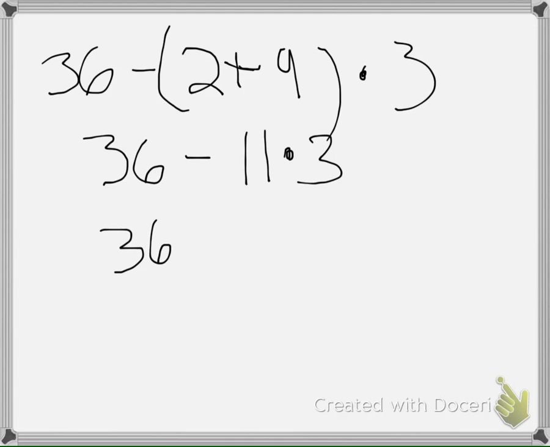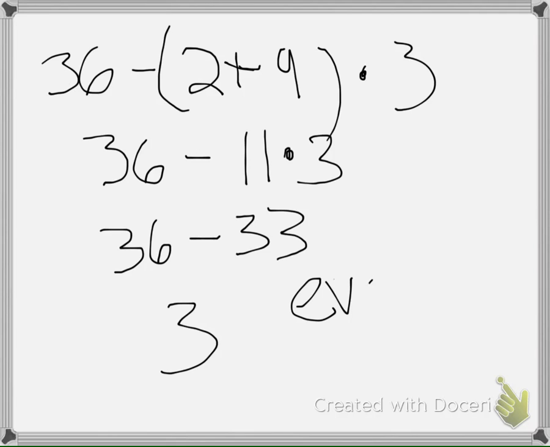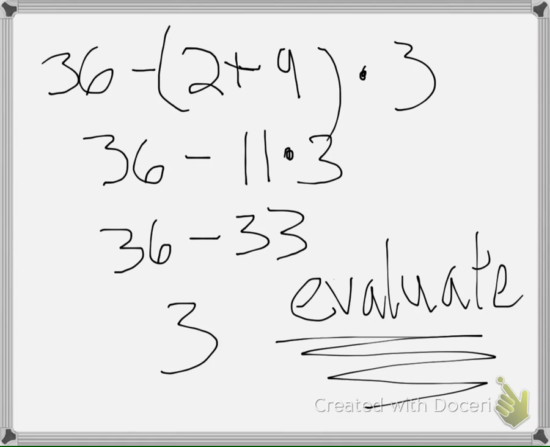Then I would do 36 minus 33, because I have to do the multiplication, and then I have to do 3. And I'm done. That process of working your way through an expression is called evaluating. That's where you reduce the terms and perform all the operations in an expression. You evaluate. So, let's make that one more vocabulary word.